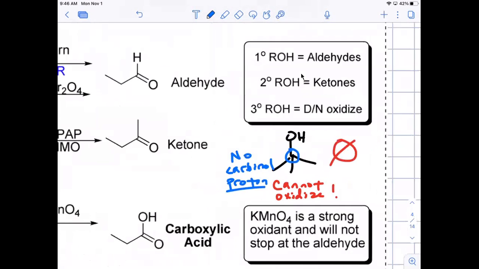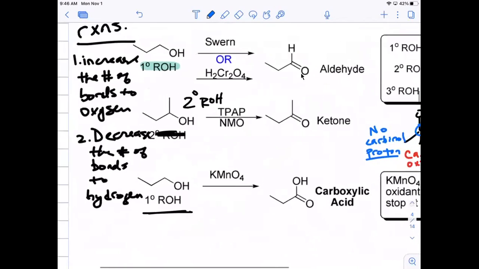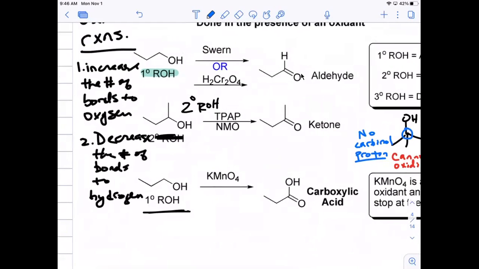In order for me to oxidize it, I need to be able to remove that hydrogen and the OH hydrogen. But the fact that that hydrogen doesn't exist in a tertiary alcohol means I can't do it. All right. So that's why over here, we're only looking at primary and secondary alcohols.